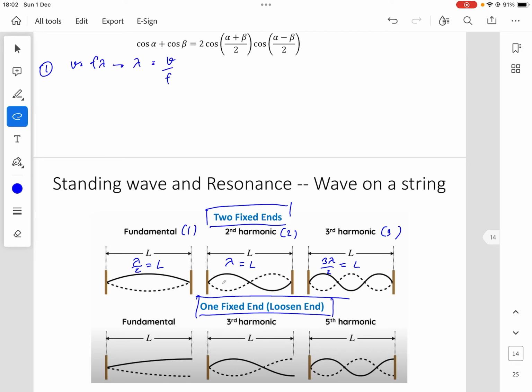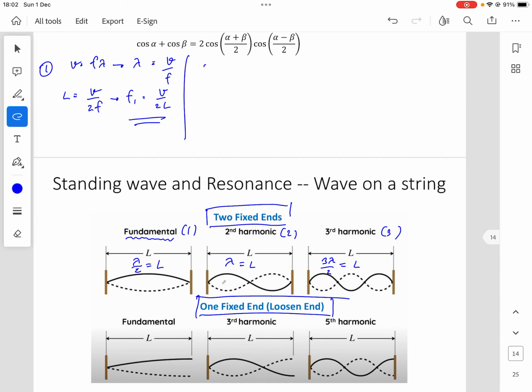Let's try for the first case. We get L equal to v divided by 2f. So we get f1 equal to v divided by 2L, right? This is the fundamental frequency of the two fixed end string.